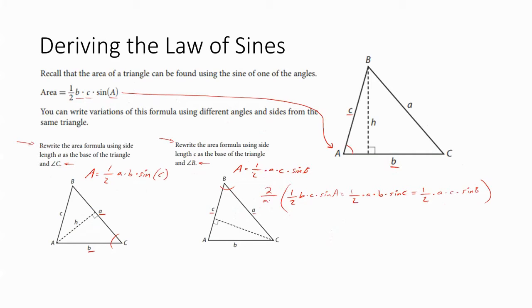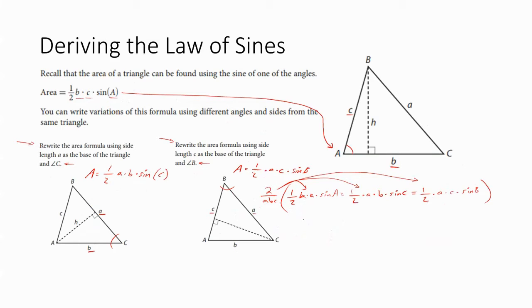It's dividing by A, B, or C. And now I'm just going to distribute, using the distributive property to clean it up. So if I do that, this B cancels out with that B, and that C cancels out. That A is still there.